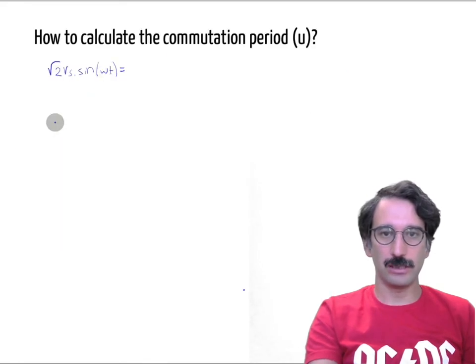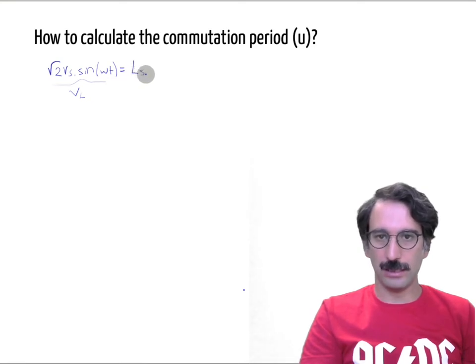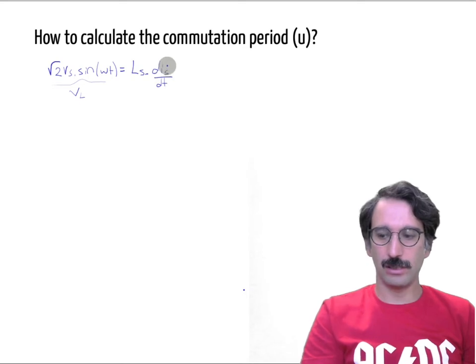So I am writing the inductor voltage, which here is VL, and that one is equal to Ls times dis over dt. Alright, and this is for during commutation.